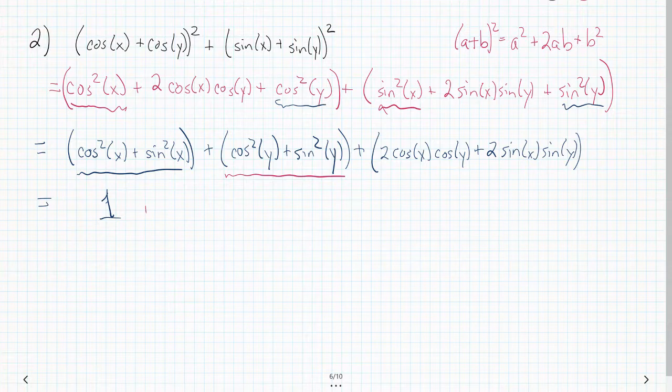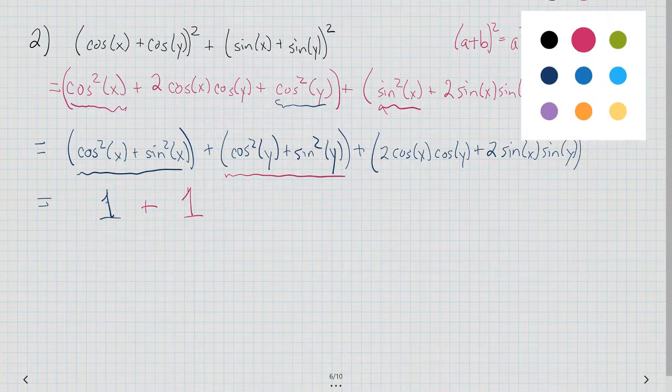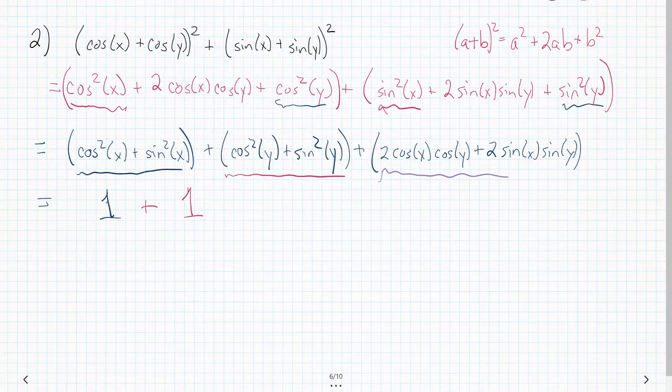The second term just goes to 1. This third term we're going to write a little different. So you get plus 2 times, we have cosine of x cosine y, we factored out the 2 there, and then we have plus sine of x sine of y.